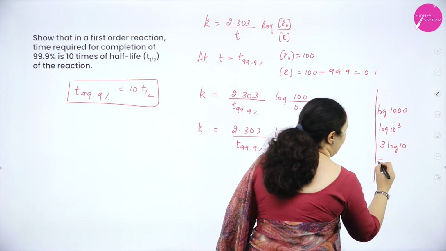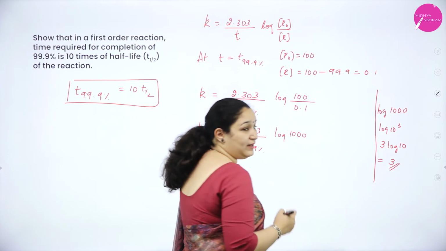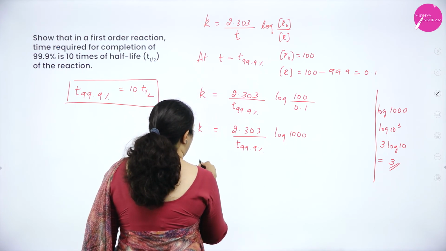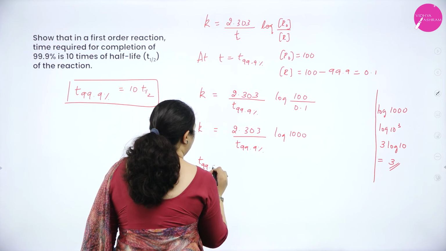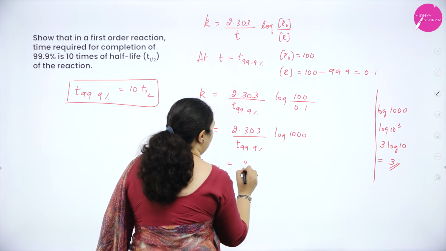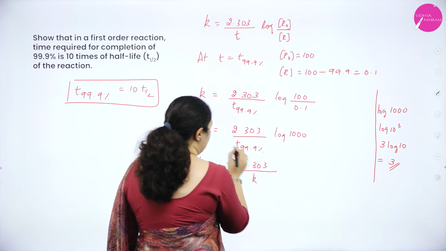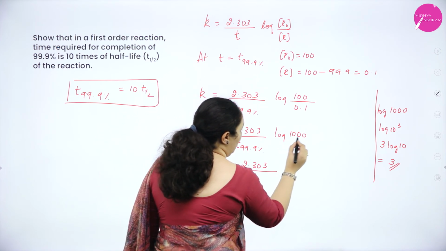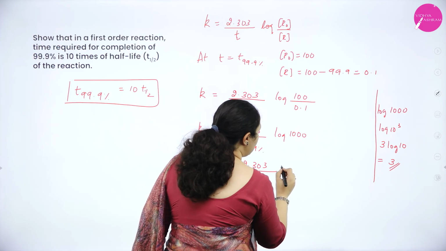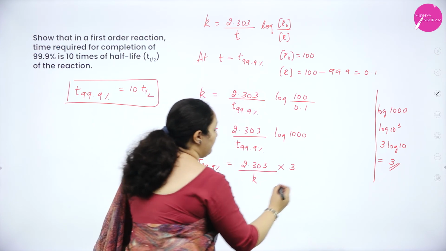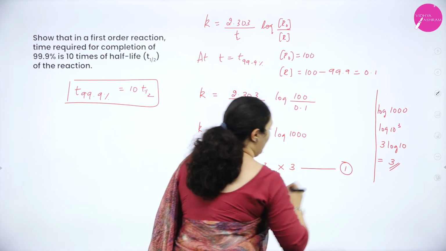So 3 log 10, the value is 3. Log 10 is 1, isn't it? So I'll get T 99.9% is equal to 2.303 by K. I've just rearranged. Log 1000 is 3. So this I will take as equation 1.